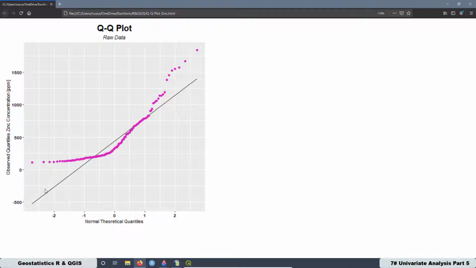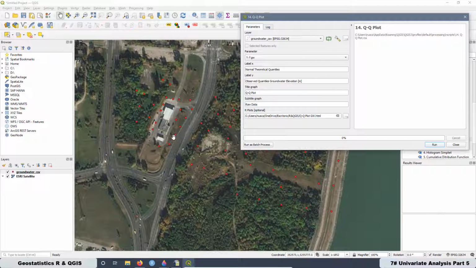Now I'm going to do the same exercise, but I'm going to use the groundwater elevation, where we have the data more normally distributed, and then we can see how the QPlot looks. I already loaded the data related to the groundwater data set, and I also filled in all the information to make the QPlot, and now I'm going to run the script.